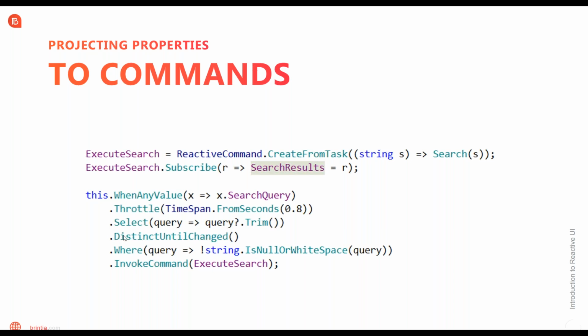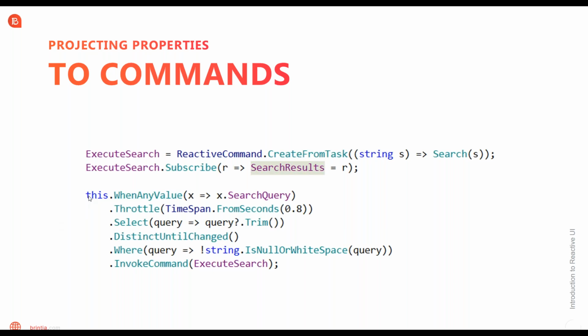Don't be afraid if you don't know what this distinct until change does. You just have to look over the material, the website I have provided before, and you will actually see what this is all about. But I will tell you how it's meant to be read.